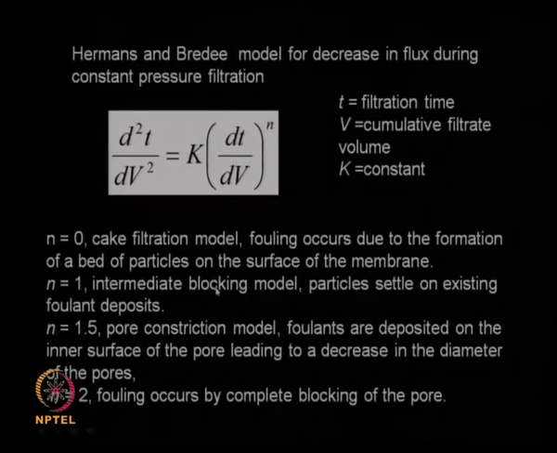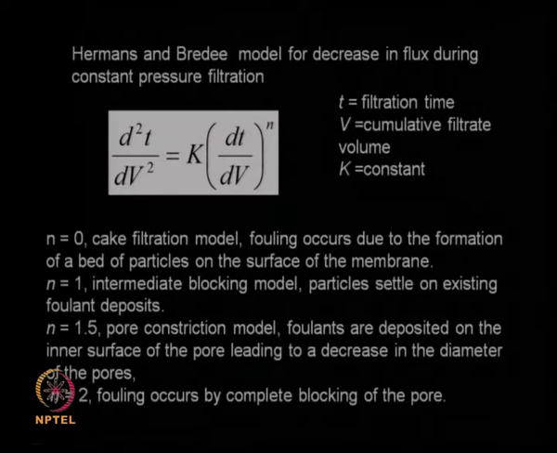There is something called the intermediate blocking model, where particles settle on an existing foulant deposit. That means there is a foulant deposit, and particles start settling on it. In that case n is equal to 1. Then we have the pore constriction model. Foulants are deposited on the inner surface of the pore, so as they start depositing, the diameter of those pores becomes smaller and smaller, decreasing with time.